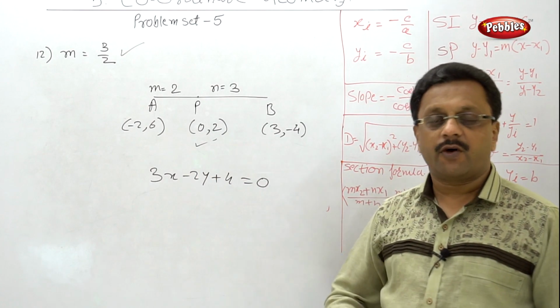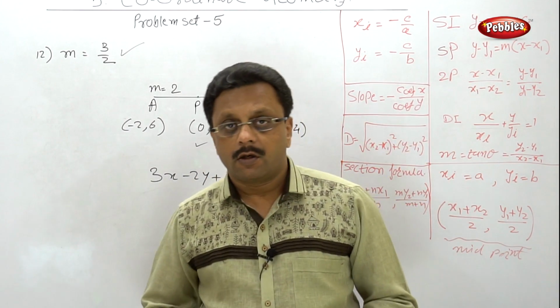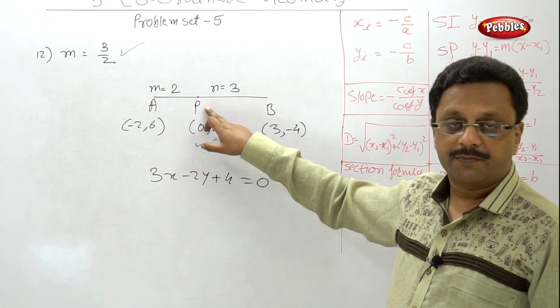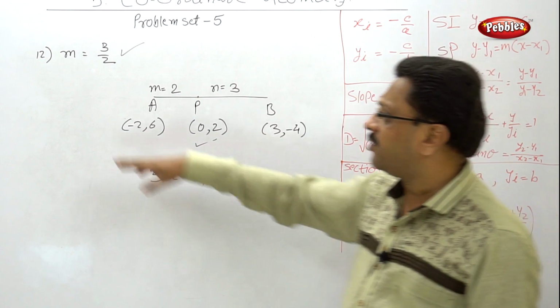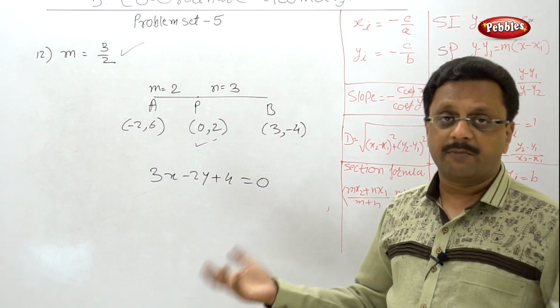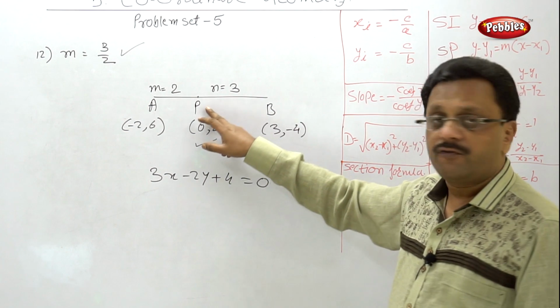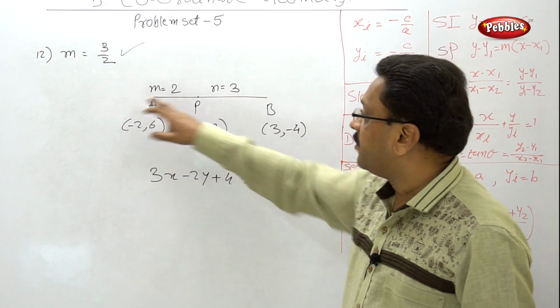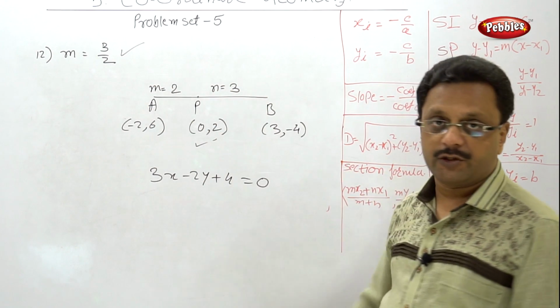So this sum was for 5 marks. It was not a very short sum, because first you have to find out the coordinates of P. Once they say that you have the slope and one point, then the only thing remaining is to find out the coordinates of P. Now the point P is such that it divides A and B in 2:3 ratio.